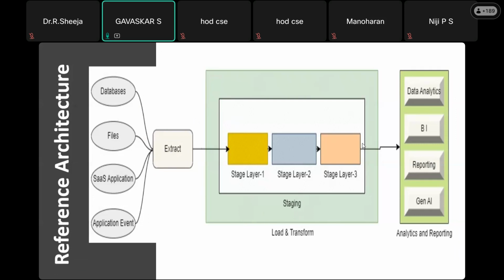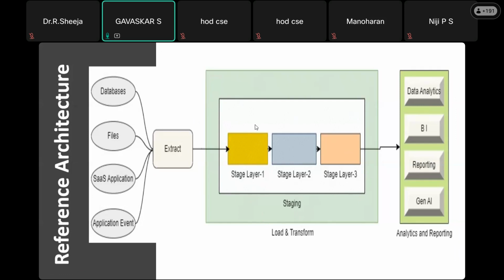Now you see the data warehouse, we have different staging layers. This is very, very important. If you are using different cloud service providers, the staging layer name will be different. In some cloud service providers or tools such as Databricks, they will call this layer the bronze layer. I mention it commonly as stage layer 1, stage layer 2, stage layer 3.